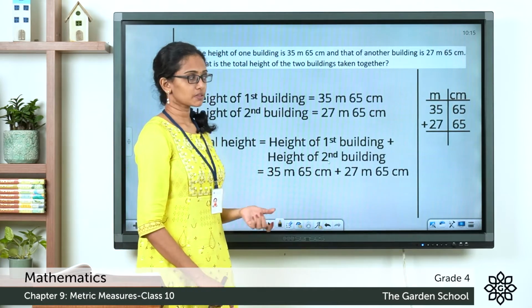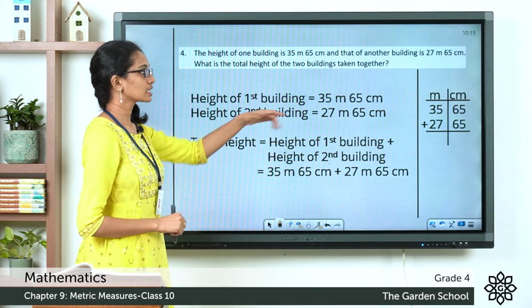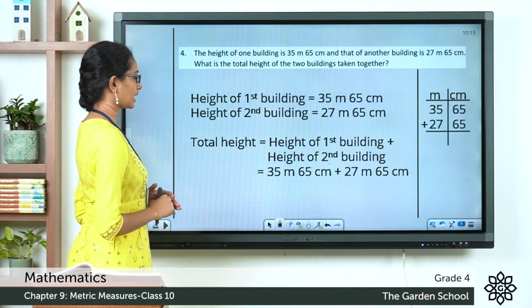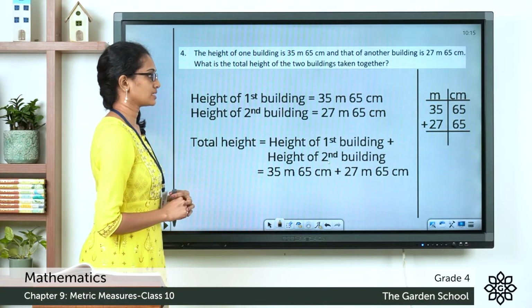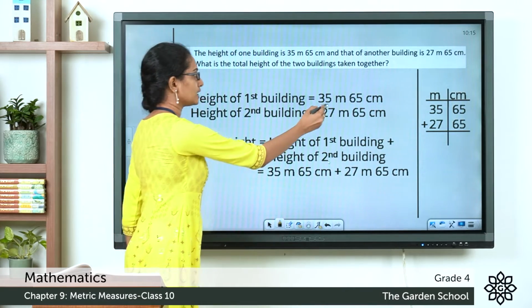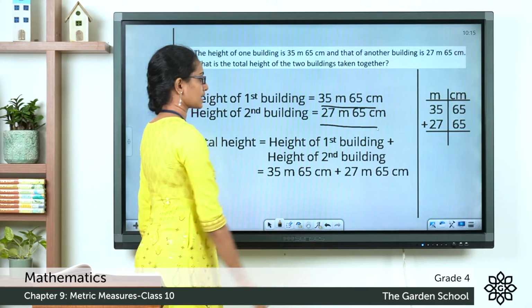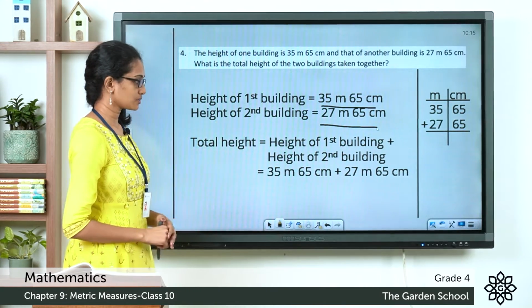So let's write the steps first. The height of the first building is equal to 35 meter 65 centimeter and the height of the second building is equal to 27 meter 65 centimeter. The total height will be equal to height of the first building plus height of the second building. Now here we have the proper measurements substituted.